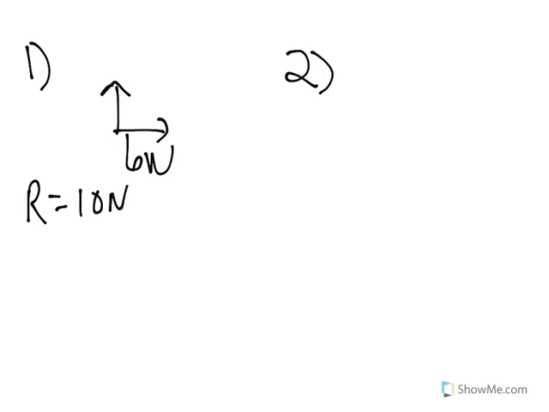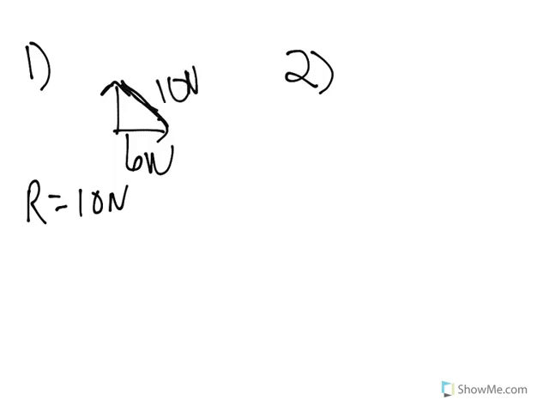On the first one, it says a resultant force of 10 newtons is made up of two component forces acting at right angles. So we know that they are acting like this, and we know that one of them is 6 newtons. And we know the resultant should be 10 newtons, which means that the hypotenuse here should be 10 newtons.